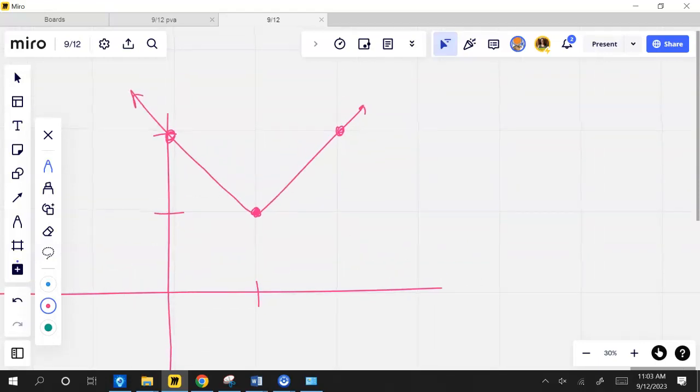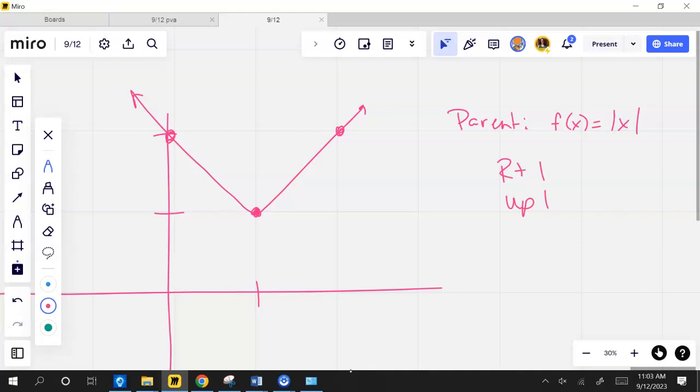First off, what's the parent function here? f of x equals absolute value. Tell me what transformations happen to get from the parent to where I am now. Right 1 and up 1.